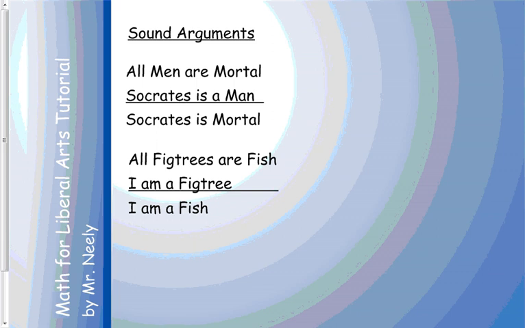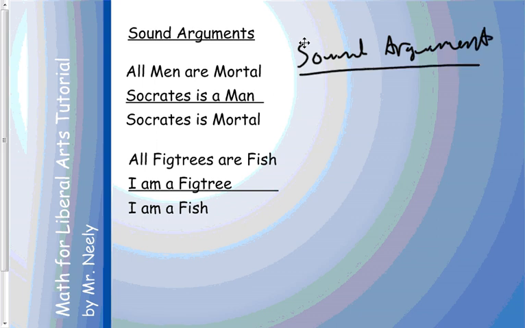Okay, but the first argument is a sound argument. The second argument, however, is not a sound argument. So to be a sound argument, you must first be valid. You have to be a valid argument, but also you have to have true premises.